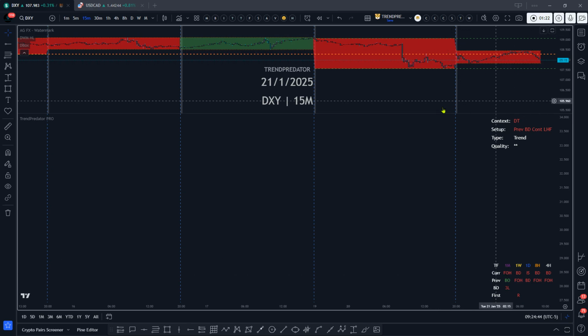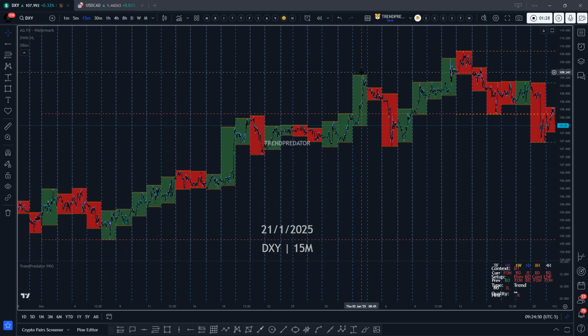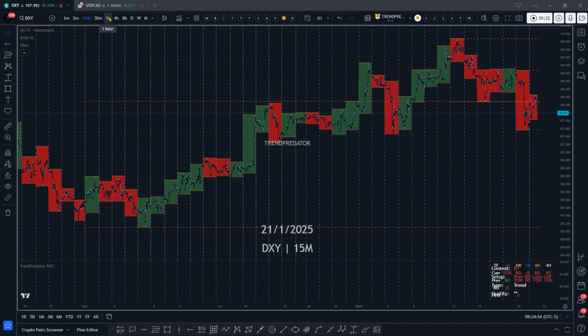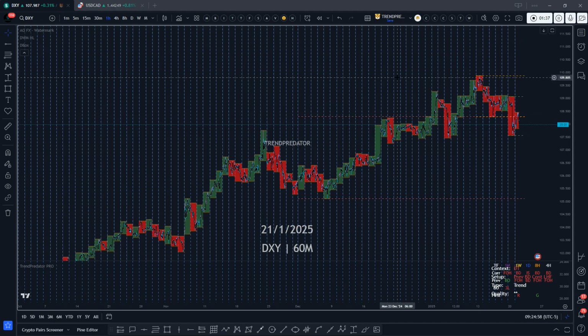So we'll have a look at that and see what we can devise from the various levels across the time frame. So if we go onto the hourly chart, we'll get a wider scope view on this.